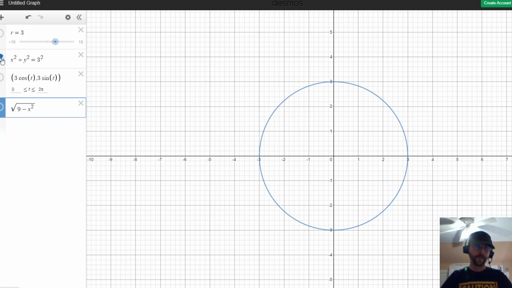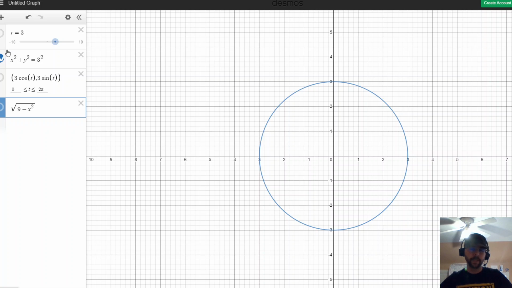To make a circle, you do x squared plus y squared equals r squared, but I'm going to stick with 3 for r in this video to keep a little less of the alphabet in the equations. So x squared plus y squared equals 3 squared is a circle centered around the origin with radius of 3.